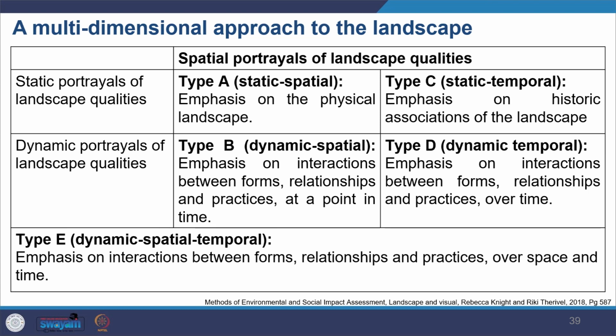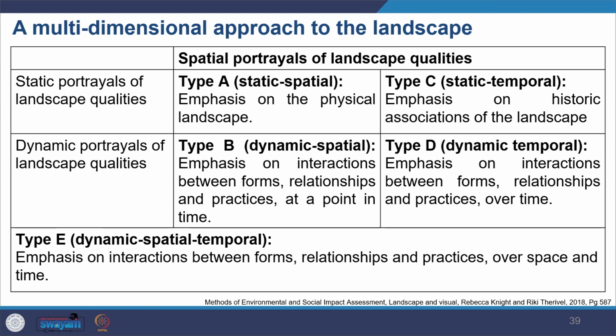Based on that, 5 types have evolved. Type A is static spatial, distributed around an area, and the emphasis is on how the landscape physically appears. Then type B is dynamic and also in space, in the area, with emphasis on the interaction between forms, relationships, and practice at that time.